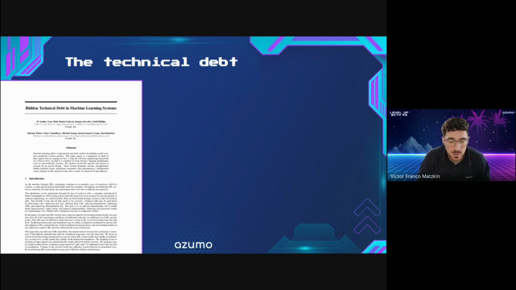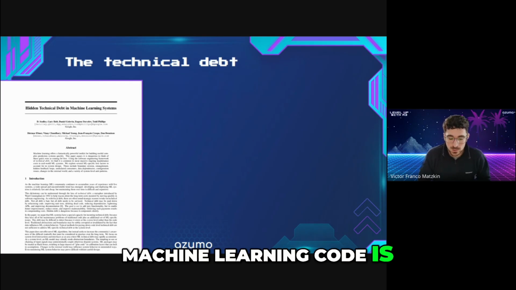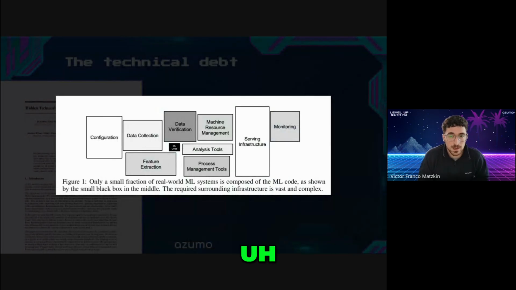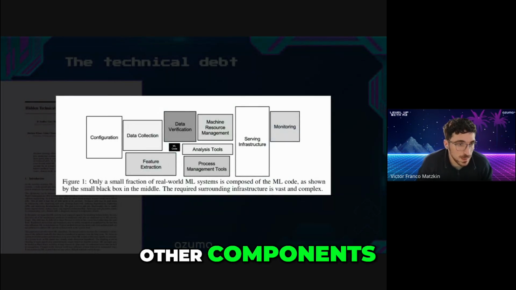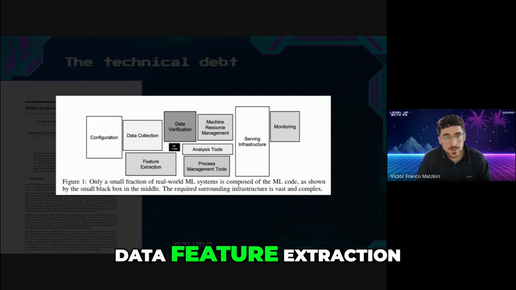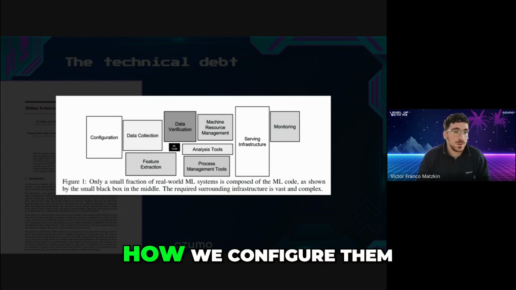Hidden Technical Debt, that showed that machine learning code is just a very tiny black box in the middle of a much larger set of other components, infrastructure components like data, feature extraction, how we serve the models, how we monitor the models, how we configure them.